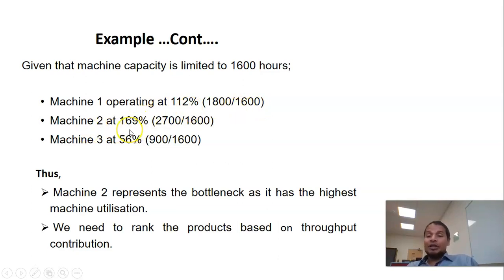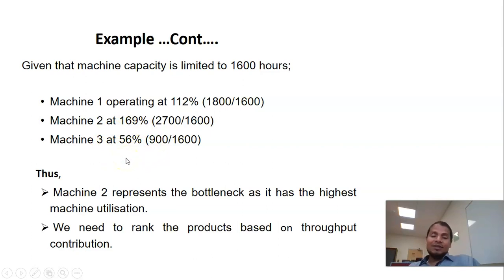Machine 2 is operating at 169%, because we need 2700 divided by 1600 multiplied by 100, so 169% capacity. And machine 3 has idle capacity of 44%. So we are using only 56% of machine 3.